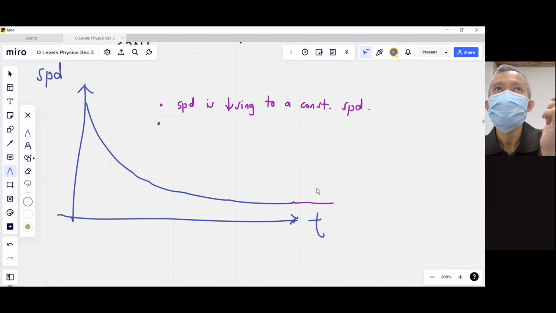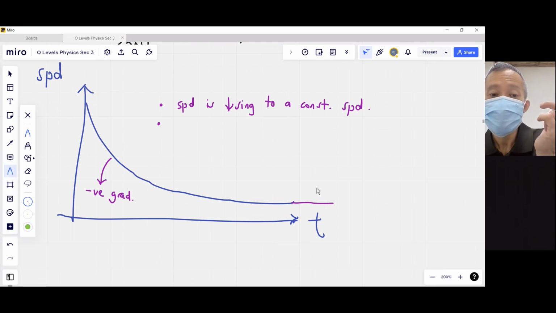How about acceleration, Devon? What can you say about that? Is increasing. Are you sure? Now, look at the gradient. Is it positive or negative gradient? So what does that mean?